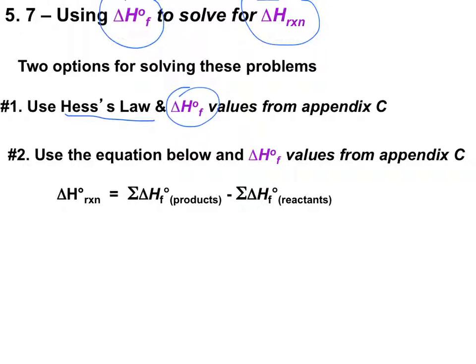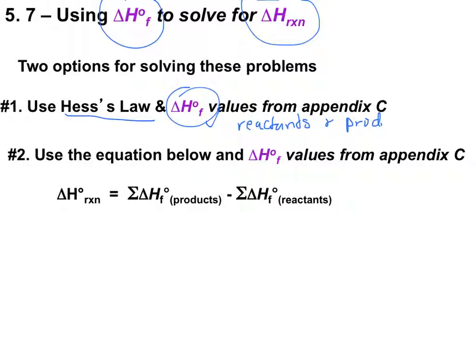And we can do this if we know these enthalpy of formation values for all of the reactants and products. Okay, so if we have those available in the appendices, we'll be able to establish our delta H of reaction from these formation values.